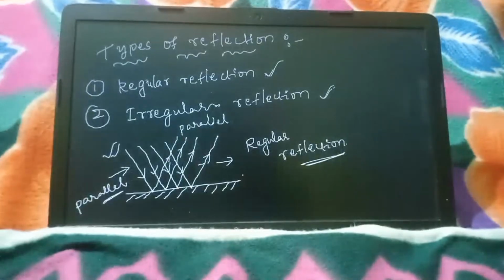In regular reflection, the surface is smooth, and regular reflection takes place on a plane mirror.